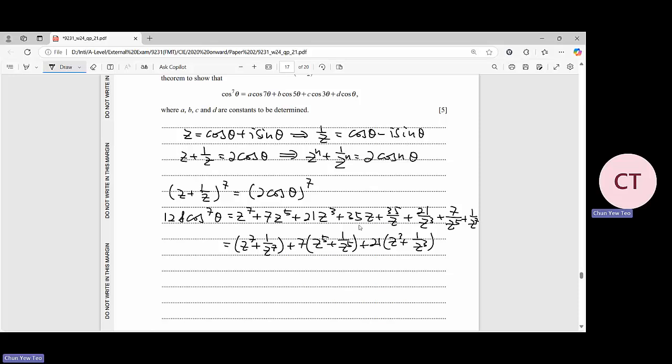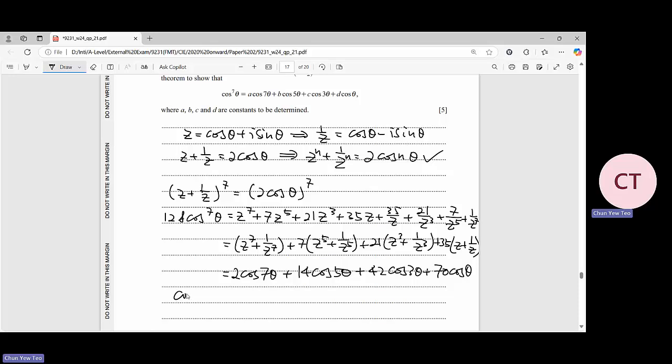And we group the 35 of z plus 1 over z together. So by using this relationship, you get 2 cos 7 theta plus 14 cos 5 theta plus 42 cos 3 theta plus 70 cos theta.